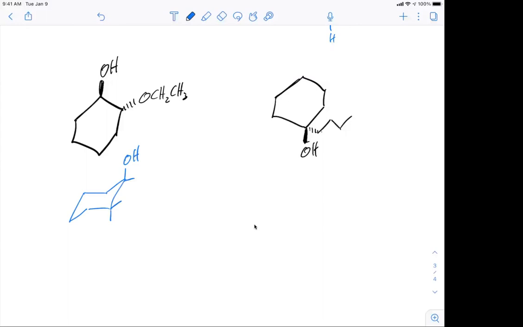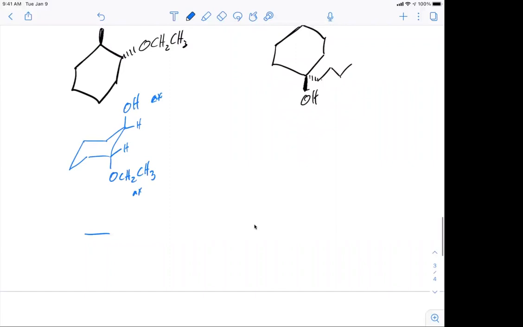If we want it opposite, if the hydrogens are here, our ethoxy group is going to be here. And if we look at this drawing, I've again put this axial and that axial. So what I want to do is flip this.